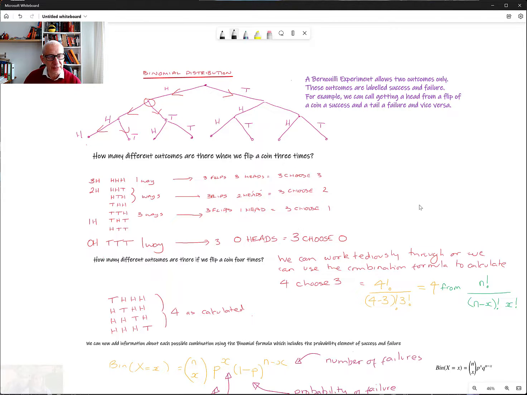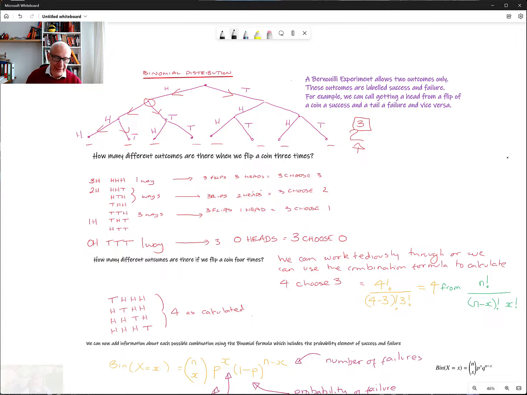Here there are 8 possible outcomes, which is the same as 2 to the power 3. It's a binomial distribution. That's why there's a 2 appearing there, because there are 2 possibilities. And we've flipped the coin 3 times in this case. So there are 8 possible ways of getting different results.